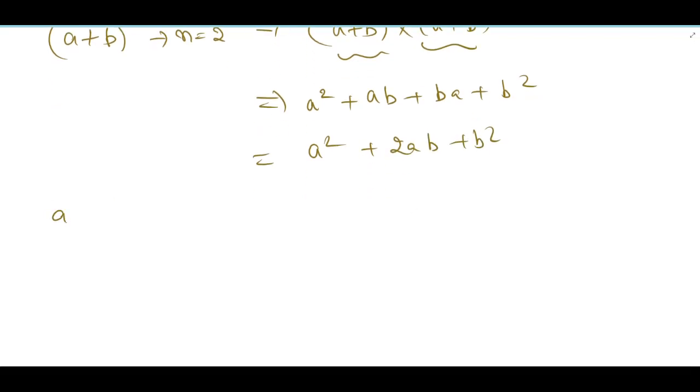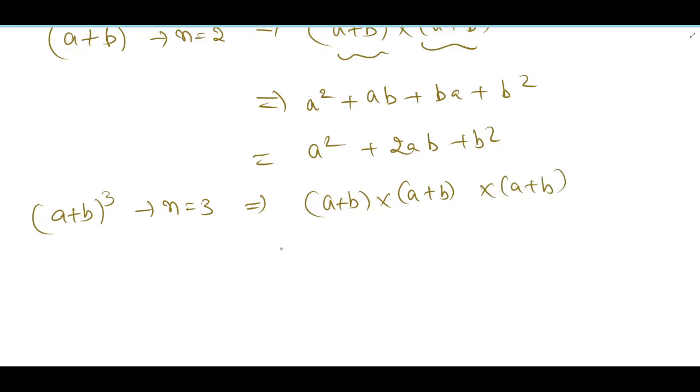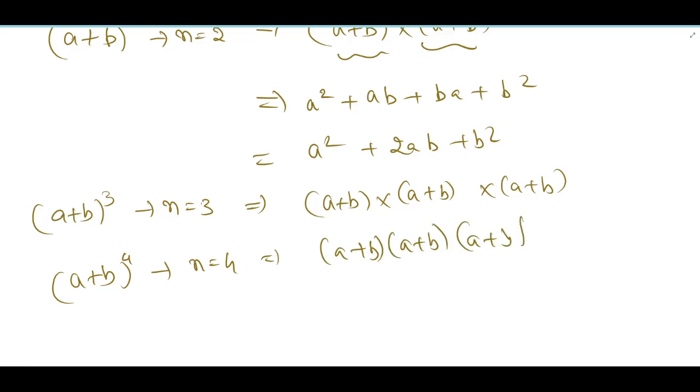Likewise, for a plus b whole cube, where n is equal to 3, we multiply a plus b three times. For a plus b to the power 4, where n is equal to 4, we multiply this expression four times.